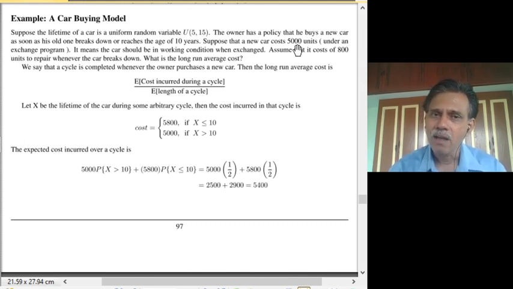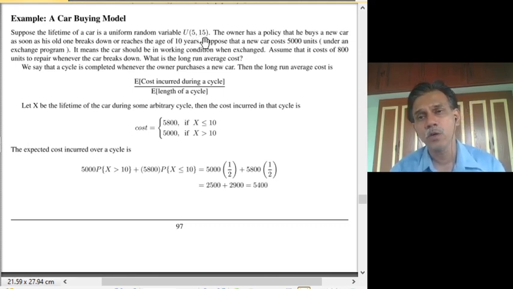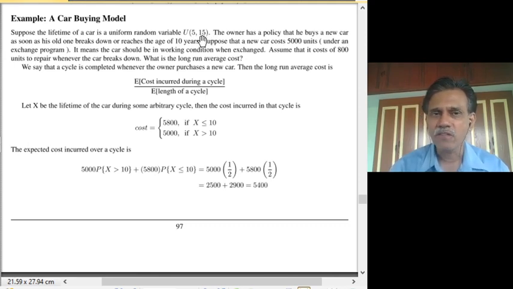On the other hand, at the end of the 10 year, if you decide to give it off, it will only cost you 5,000 units because the car is working when you give it off at the end of 10 years. That is why it is not a good method, a greedy method where you continue to use till 15 years and then give it. After 13-14 years it is very likely that it will break down, and you will incur 5,800.